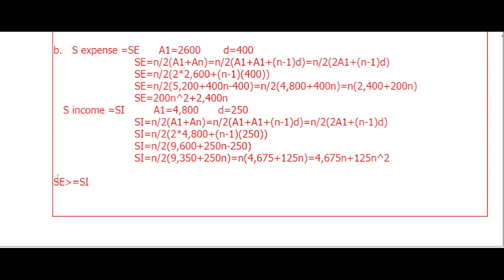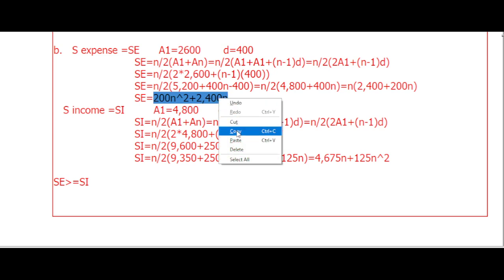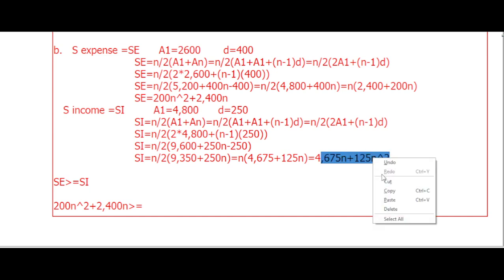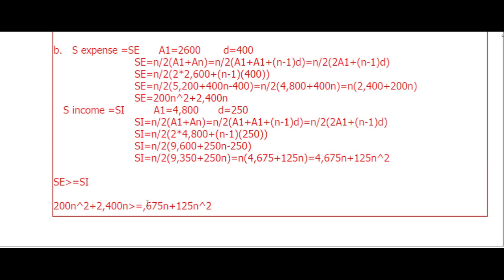So from this, let's take SE here. Let's copy it here, greater or equals to this one, 4,675n. Now let's collect like that. 200n square minus this.